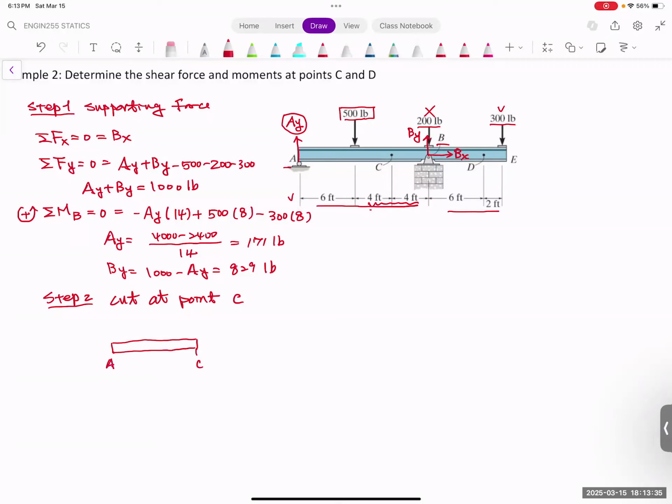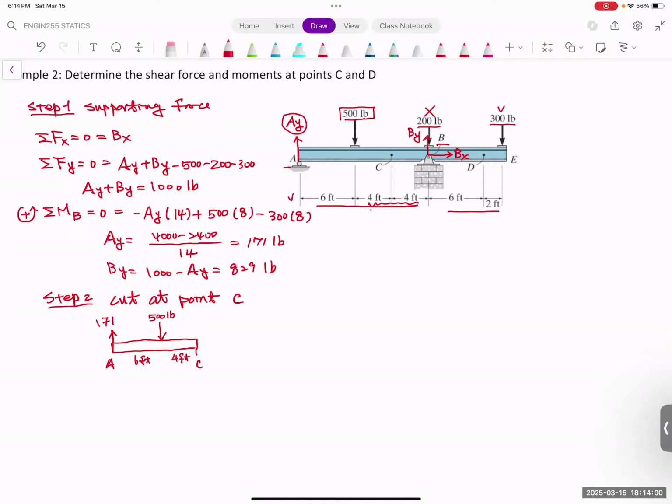This is the point of A. We have a loading here, which is 500 pounds. And this is 4 feet, and this is 6 feet. We have an AY here, which goes up. That is 171.